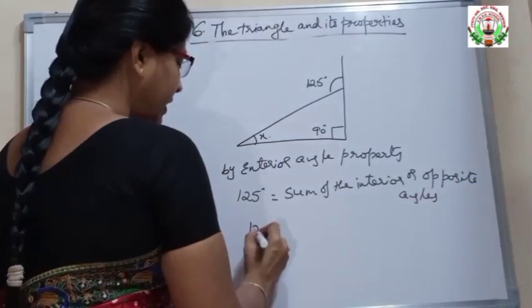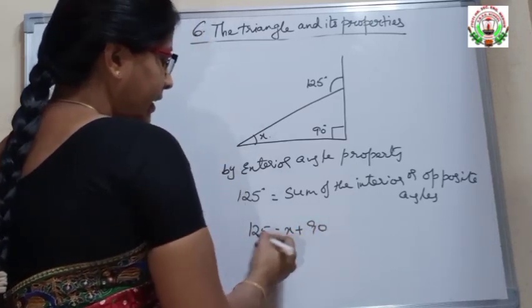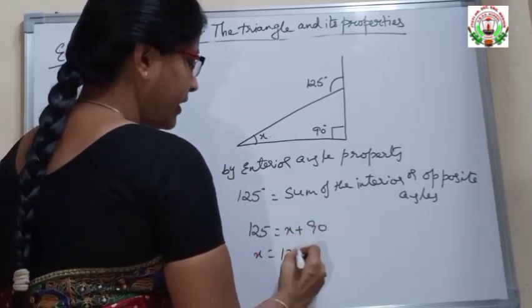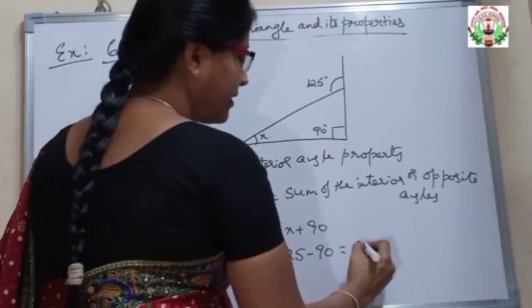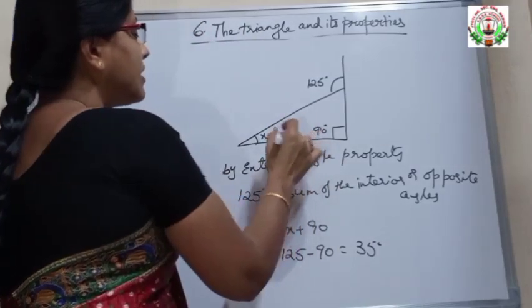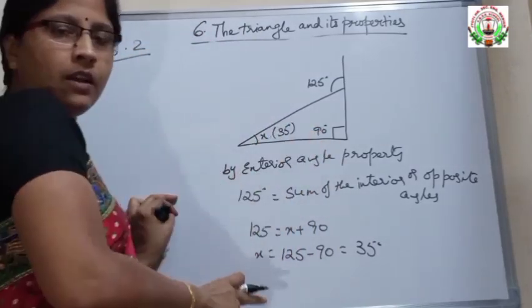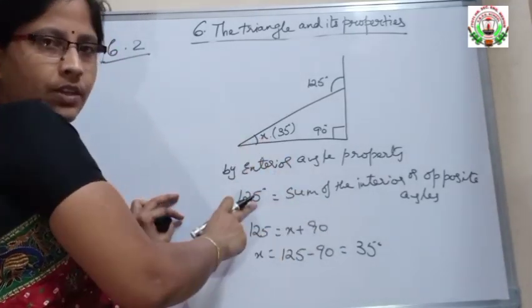So this will be 125 will be X plus 90. Taking 90 this side, X will be 125 minus 90. 125 minus 90 is 35 degrees. So here X is 35 degrees. We have found this angle by using our exterior property.